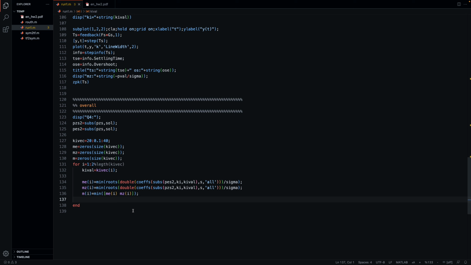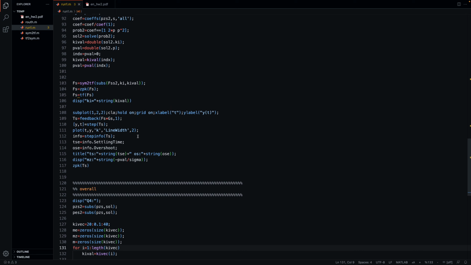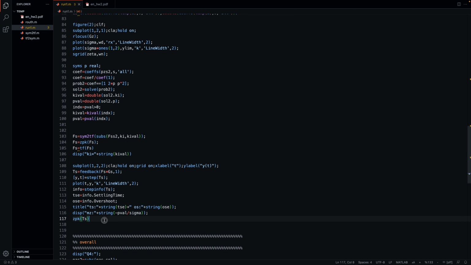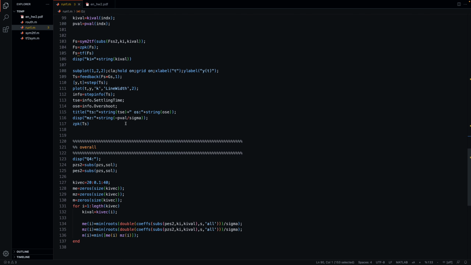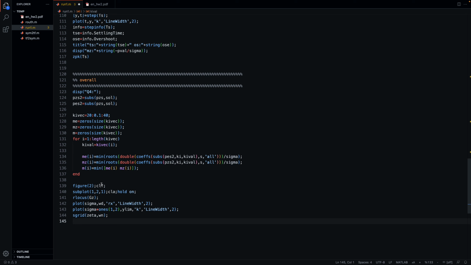Now, since I have something to plot here, because I have a ki vector, and I also have some dominance factors, maybe I should create a plot out of it to show what's going on here. So let me take this part here, and let's call it figure 3, maybe grid on.